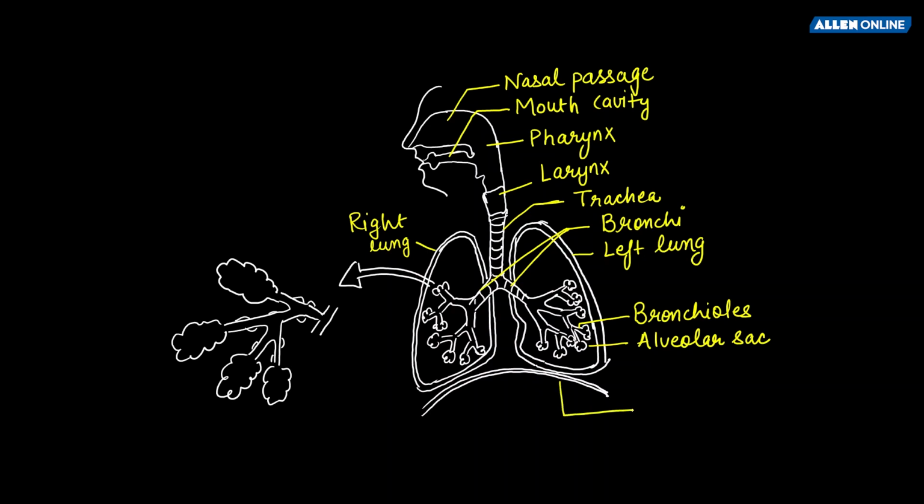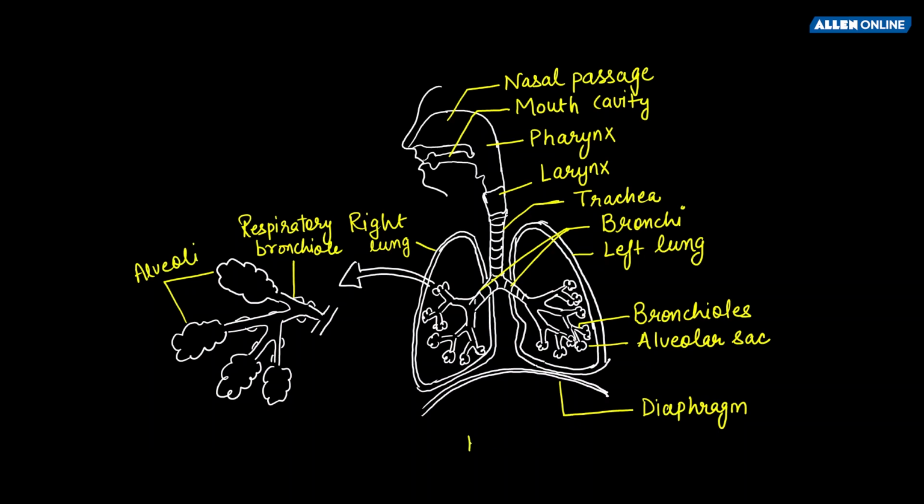This dome shaped structure is diaphragm, respiratory bronchiole, alveolar sac, and the single structure is alveolus and the plural term is alveoli.